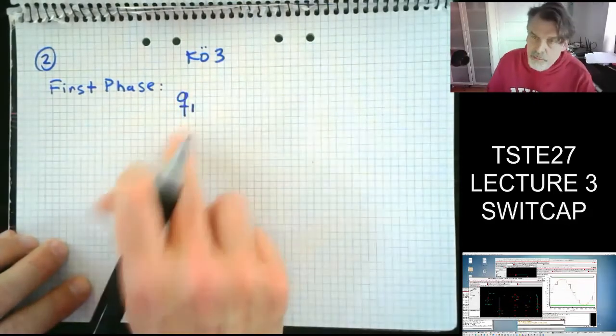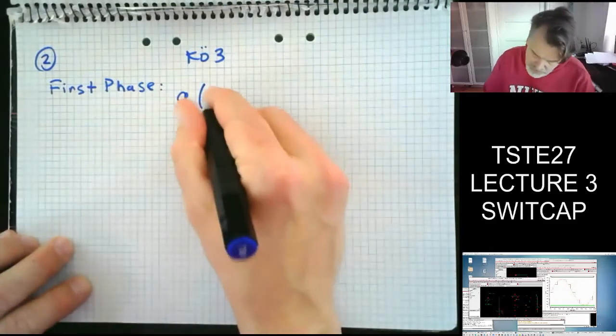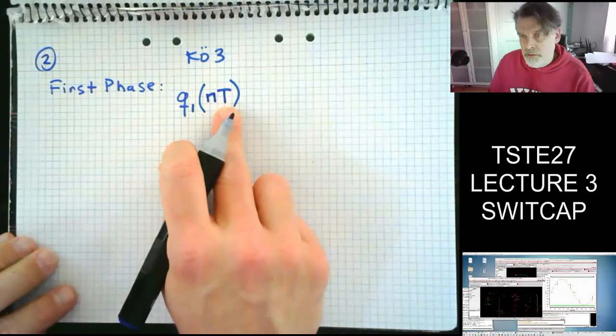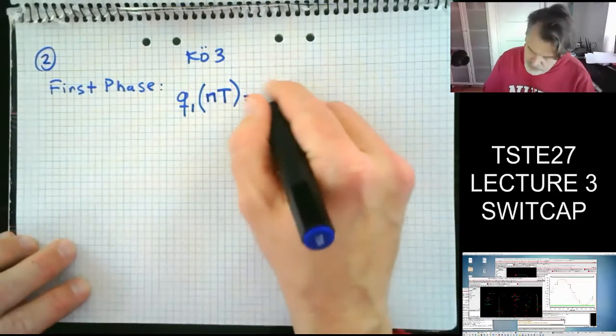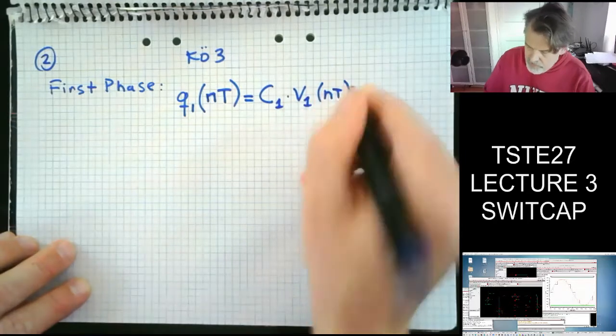We assume we have numbered the capacitors because we could have plenty. So the charge on the capacitor at that phase, at a multiple of the clock sampling period, where T is the sample period, is going to be equal to C1 times V1 of NT.